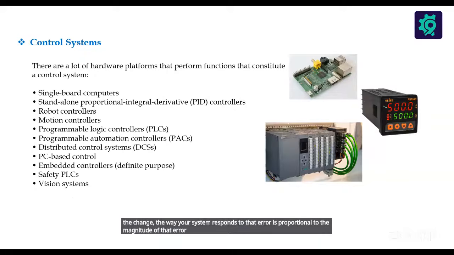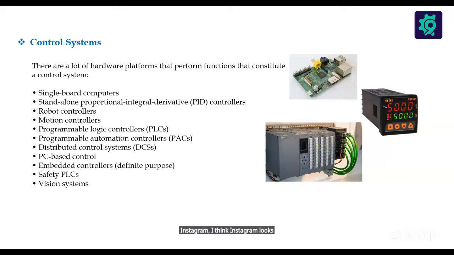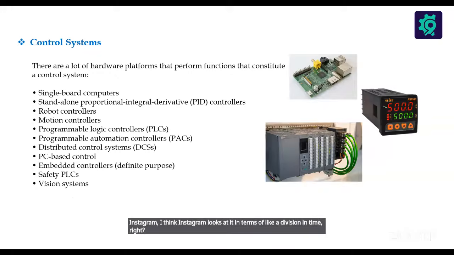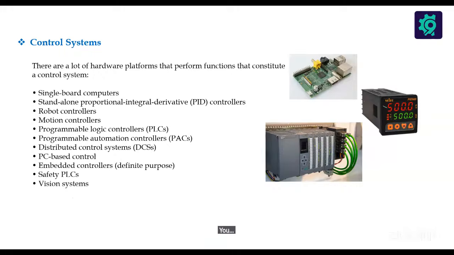That's what you have with the P in PID. For integral, I think it looks at deviation in time, right? And derivative should be the rate of deviation in time. I cannot remember that specifically at the moment. So you would have Kp plus the integral of I dt plus your derivative dt. You understand?